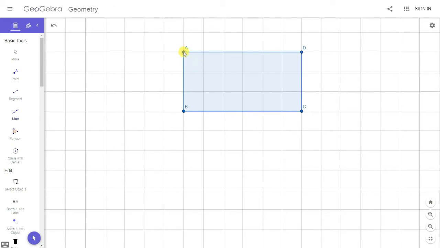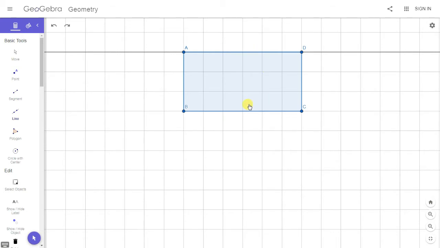For example, if you look at line AD and line BC, you can see that these two lines are not sharing any vertex on this figure. They are not making any angle with each other. So that means these two lines are opposite to each other.